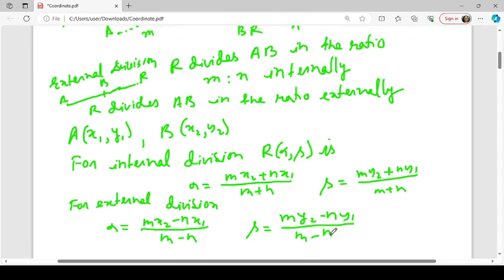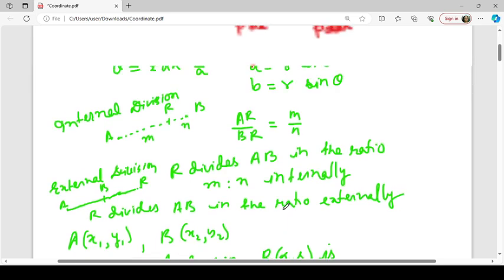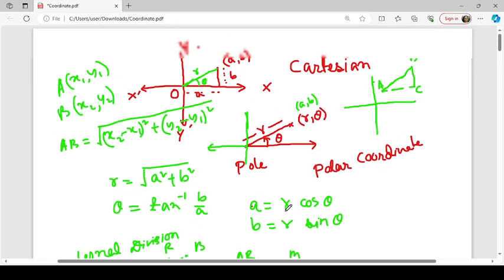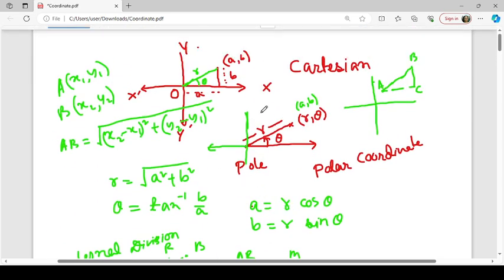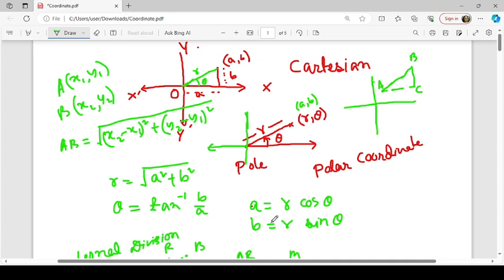So what we are having: division, external division, internal division. These are Cartesian and polar coordinates, and the distance between 2 points A and B is this one.